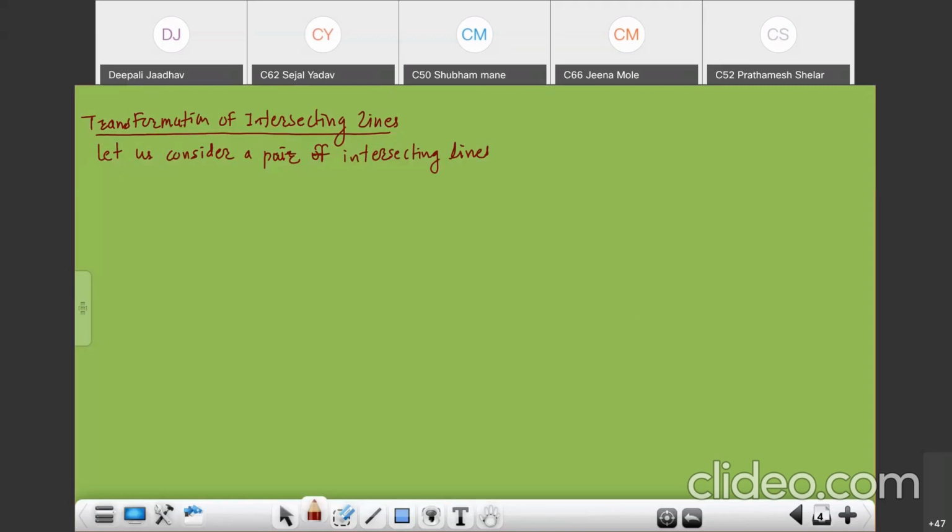Two lines we consider here. We represent these two lines with the help of slopes like this: y is equal to m1x plus b1 and y is equal to m2x plus b2.